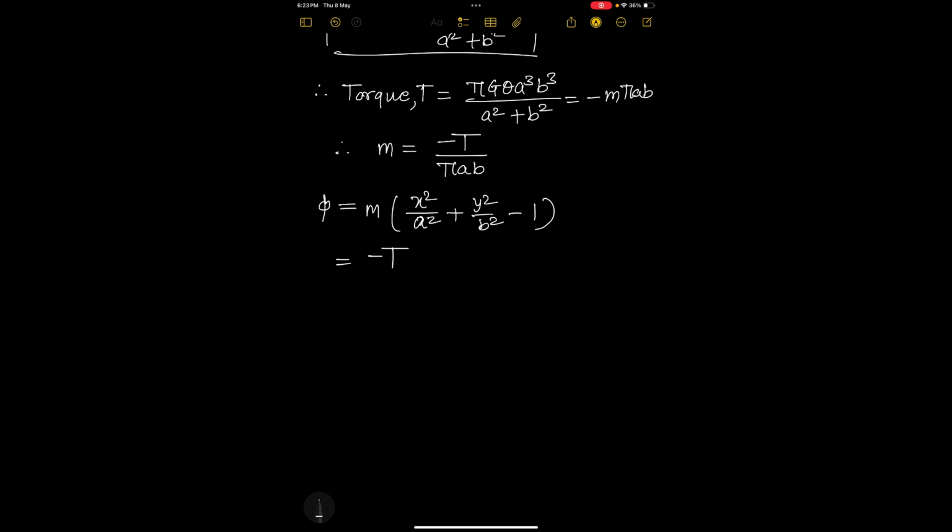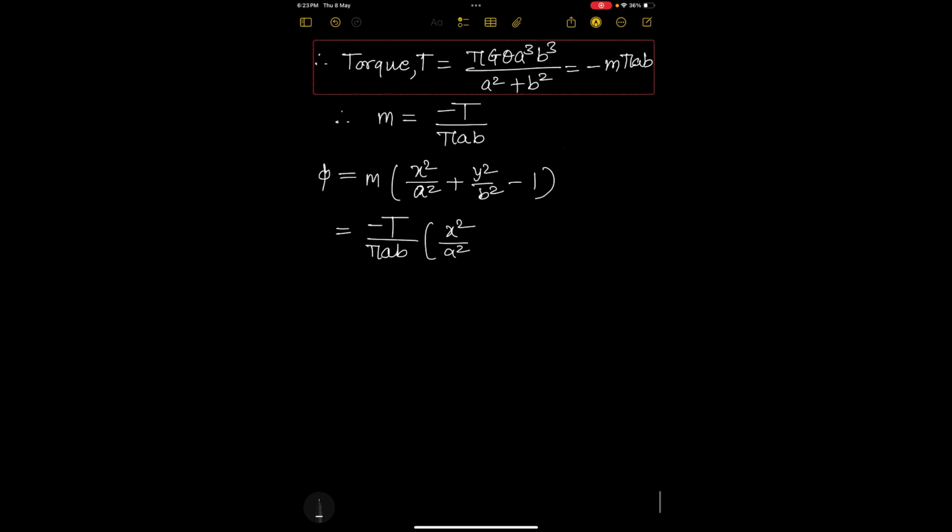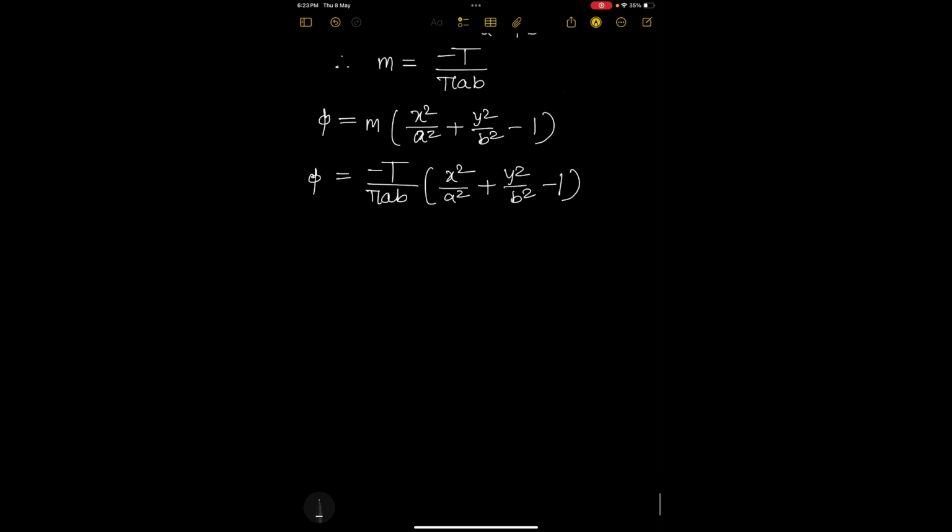Now we'll write this m in terms of applied torque T, which can be given as minus T by pi ab into (x squared by a squared plus y squared by b squared minus 1). And we know that if you know the Prandtl stress function, we can derive shear stress. Shear stresses are tau xz and tau yz.